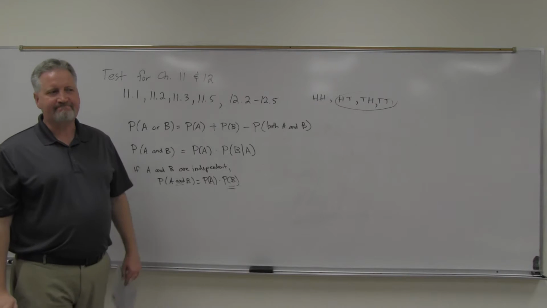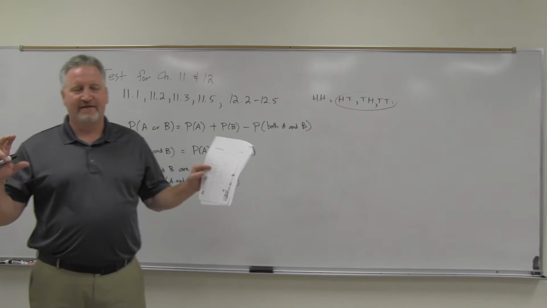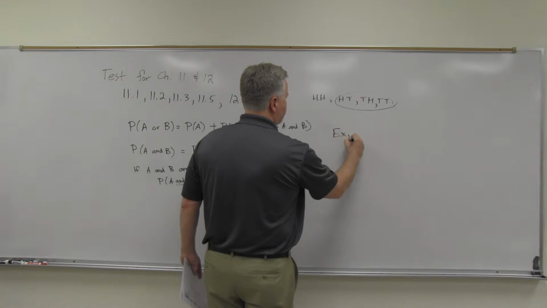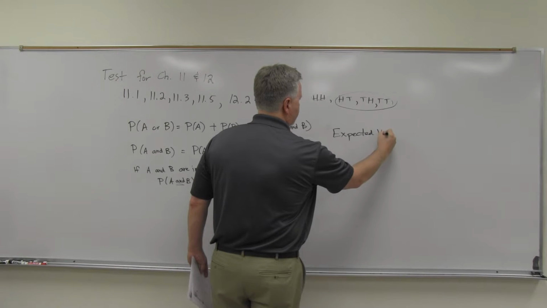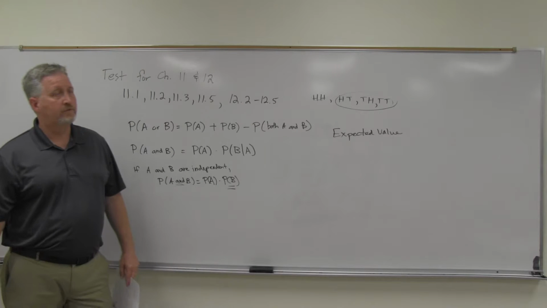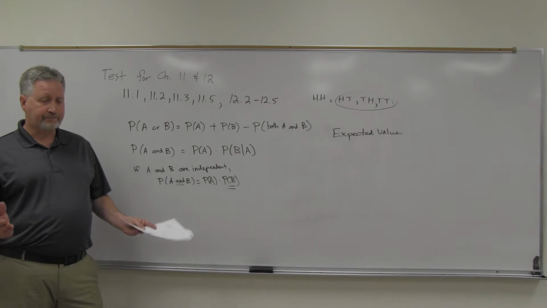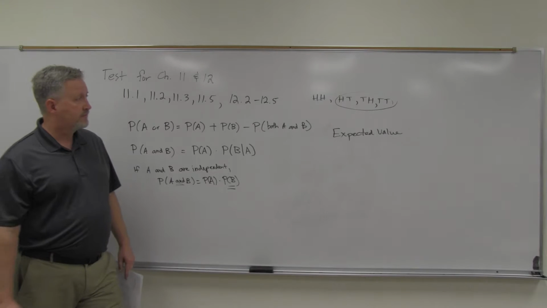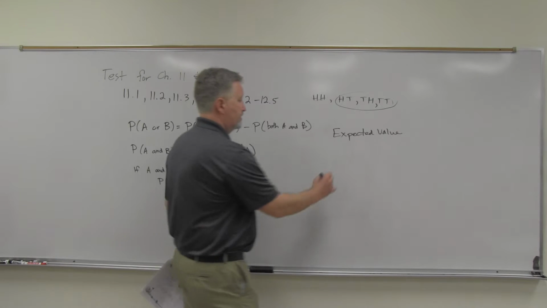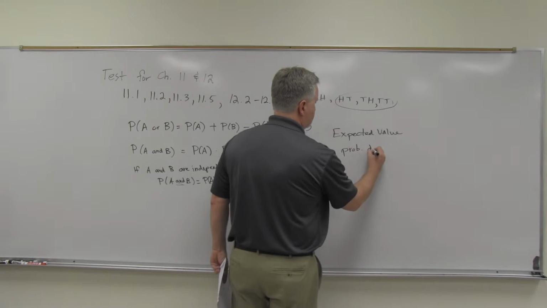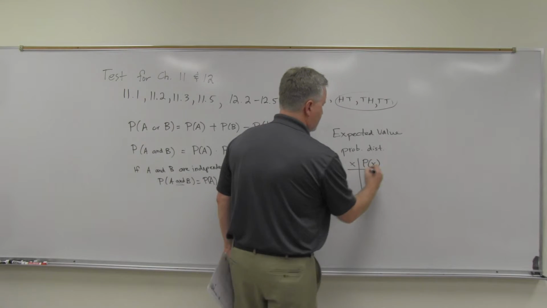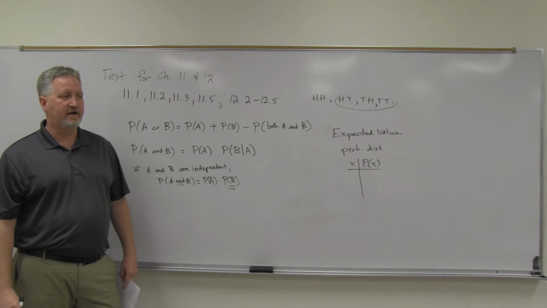11.5, that was the expected values. Which also brings up another term here. So on the expected values, what we usually try to do is put together a probability distribution. Where that just means X, P of X table is what we meant by that.